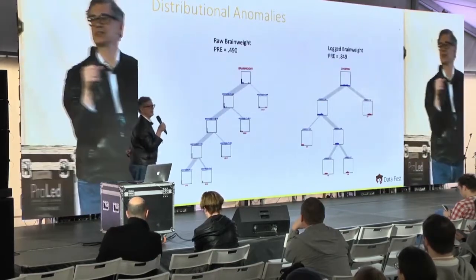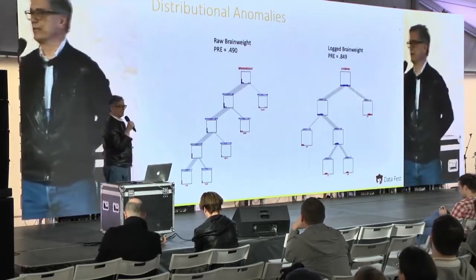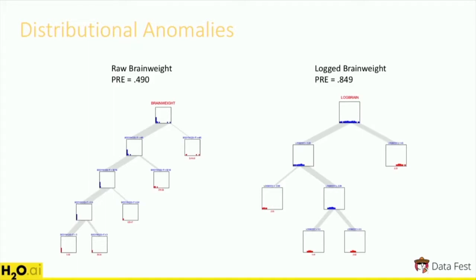Well, you can do the same thing with tree modeling. Here's an example I computed with a bootstrap tree. I did, I think, 100 bootstrapped trees and then blended them. If you use raw brain weight as the dependent variable, the proportion reduction in error statistic is 0.49.